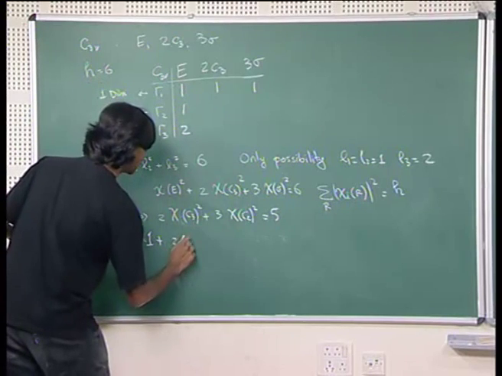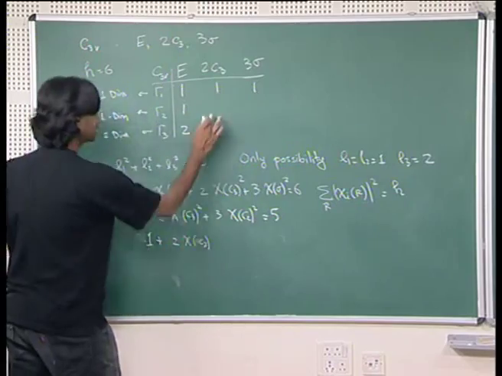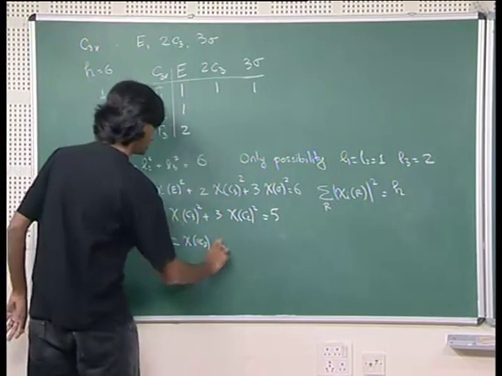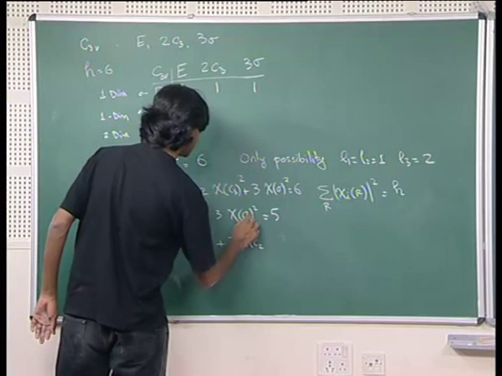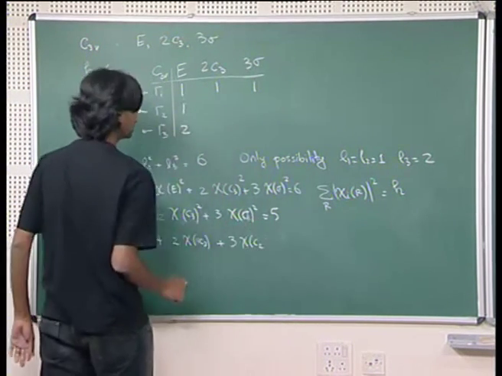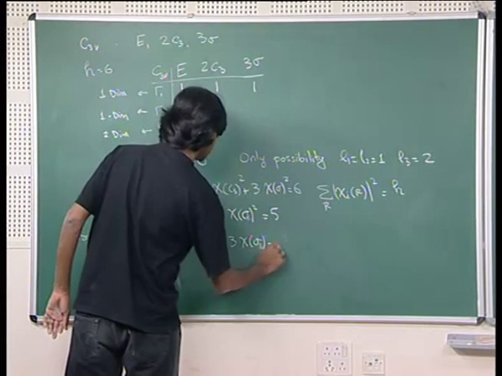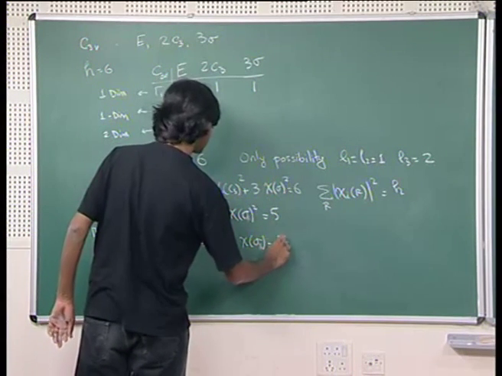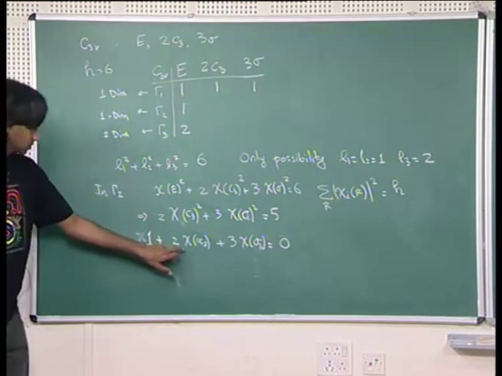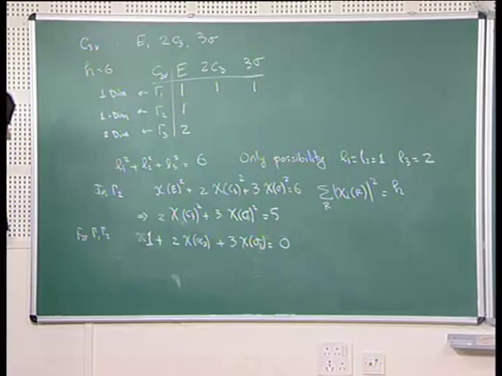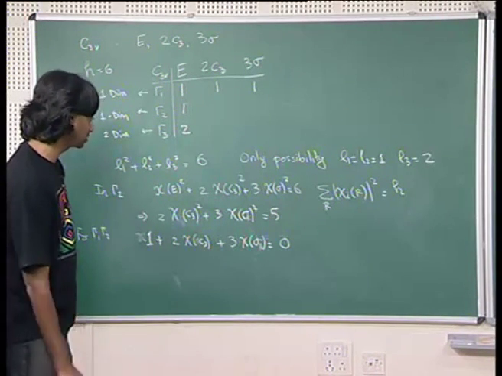So, you have twice chi C 3, where the character of C 3 in this is just 1, plus 3 chi sigma equal to 0. So, this should be satisfied.